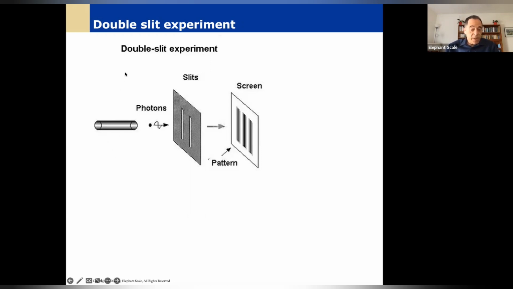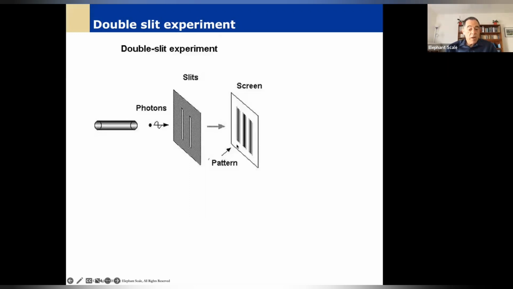Okay, so it represents 1 or 0, and all was good until this experiment when they saw something strange. I'll explain this experiment in a short while, but if you say that your electron, or a photon in this case, represents either 1 facing up or 0 facing down, then it goes through a slit and you can measure what it represents.